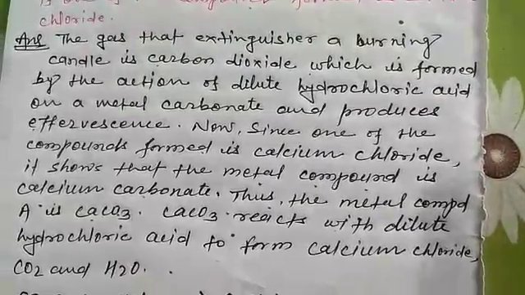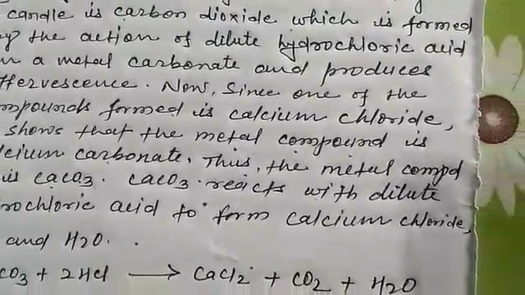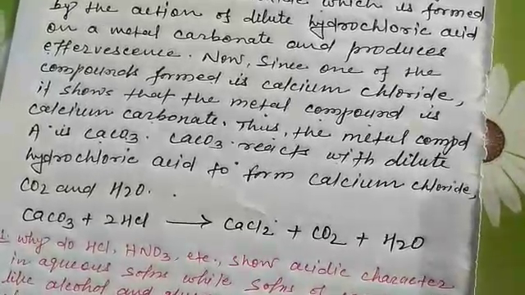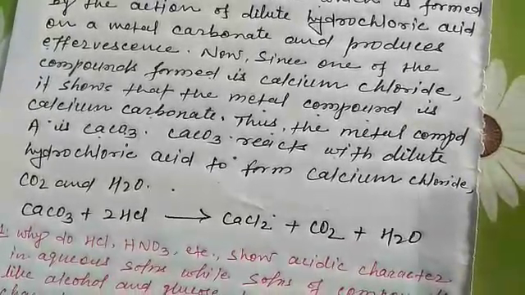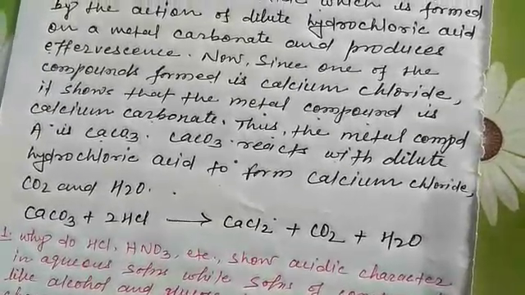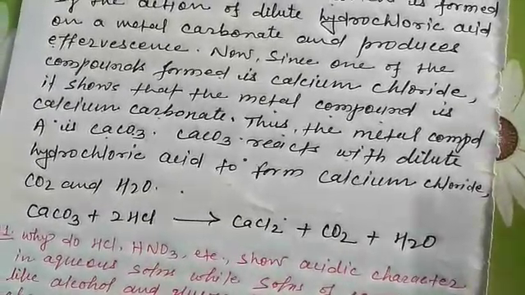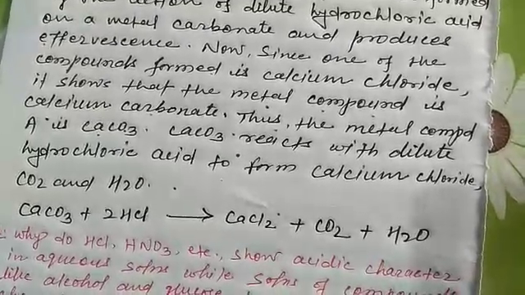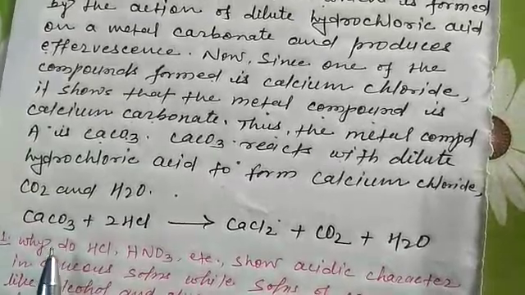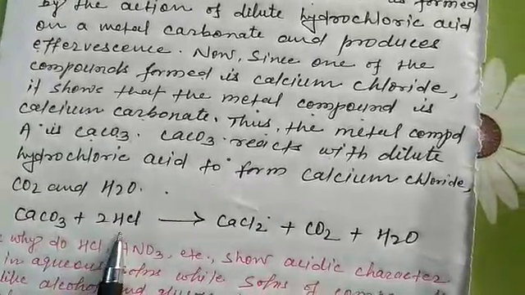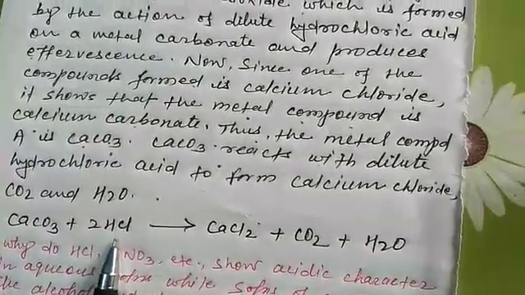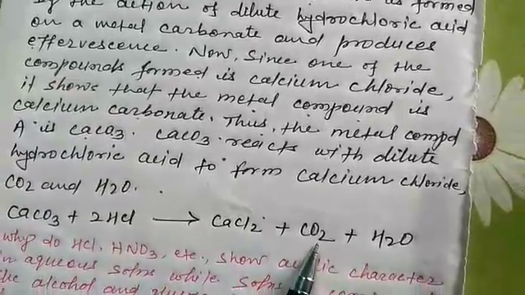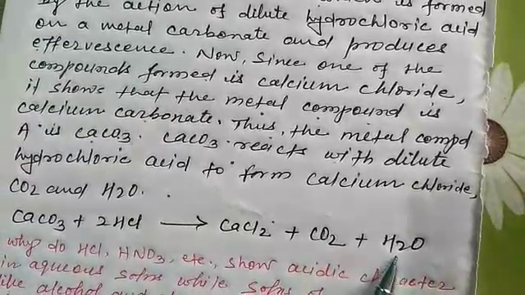Calcium carbonate reacts with dilute hydrochloric acid to form calcium chloride, CO2 and H2O. Dear students, when calcium carbonate reacts with hydrochloric acid, then calcium chloride, carbon dioxide and water are formed.